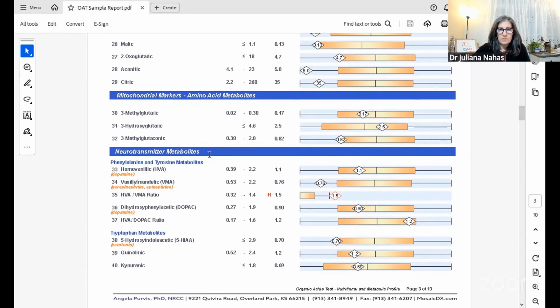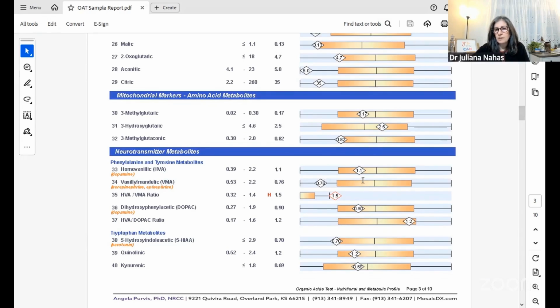But this next section is very telling, the neurotransmitter metabolites. I definitely look at this section much more carefully because I am dealing with children who have brain issues. So we look at the HVA, which is a dopamine marker, and then the VMA. And you can see already here, there's a discrepancy in how they are coming across.